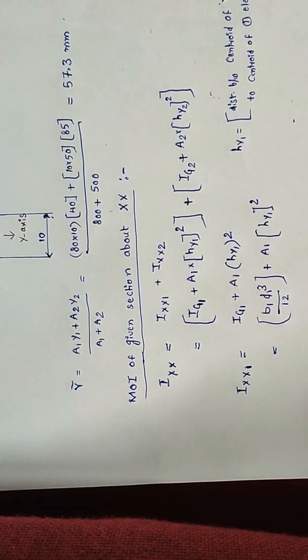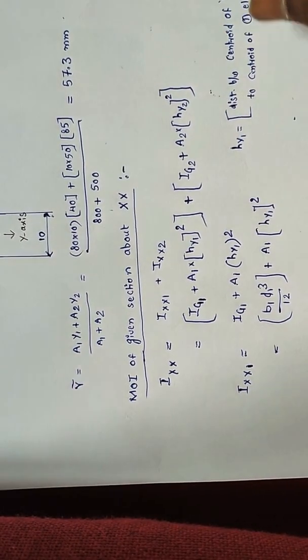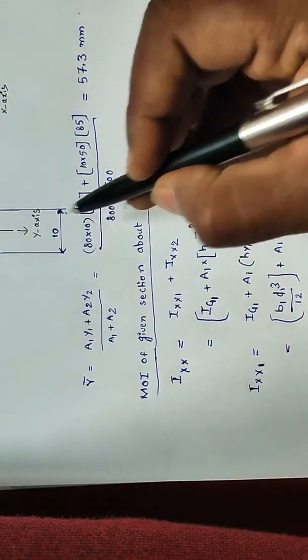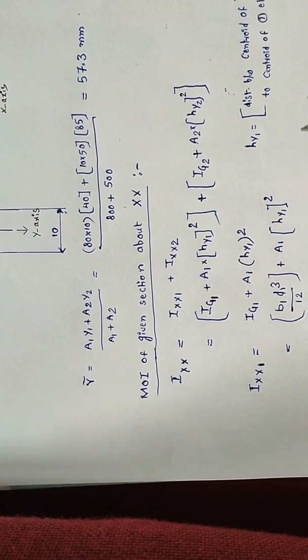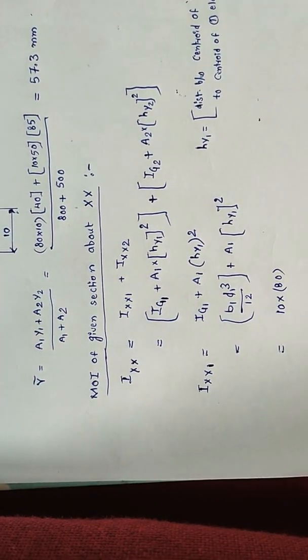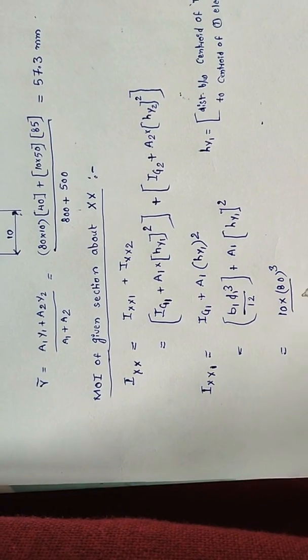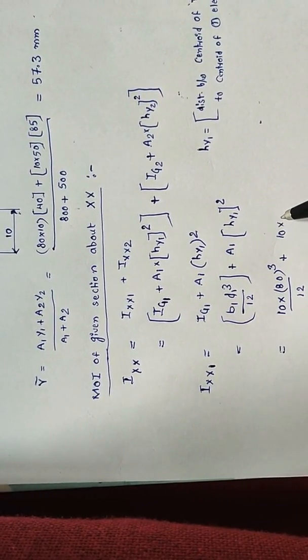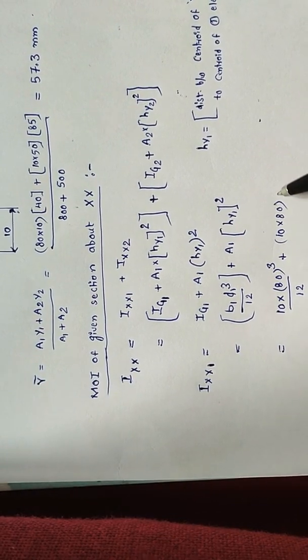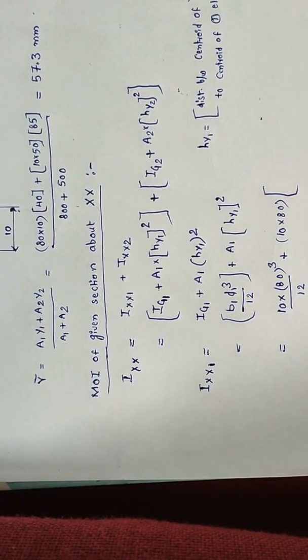So here b1 means width is 10, depth is 80 for the first rectangle. So 10 into 80 cube by 12 plus area, which is 10 into 80.